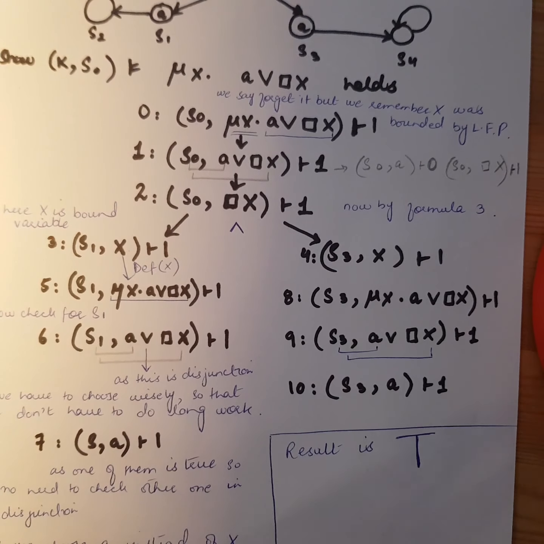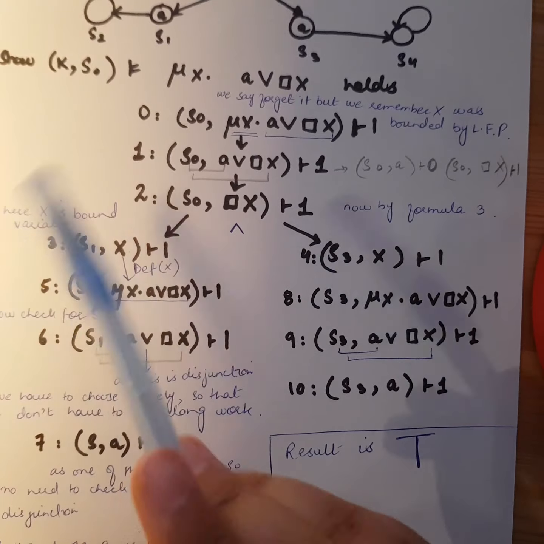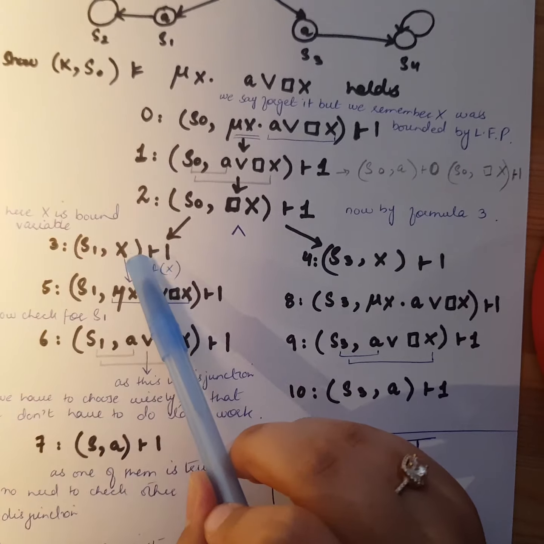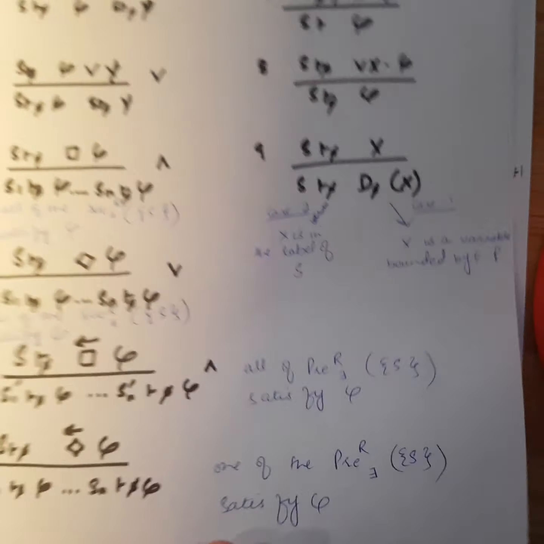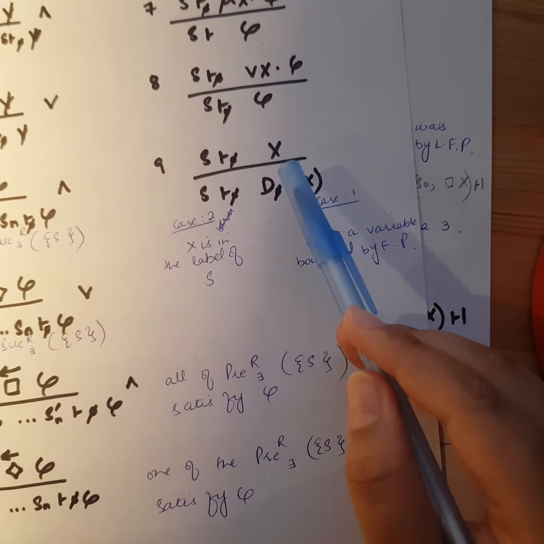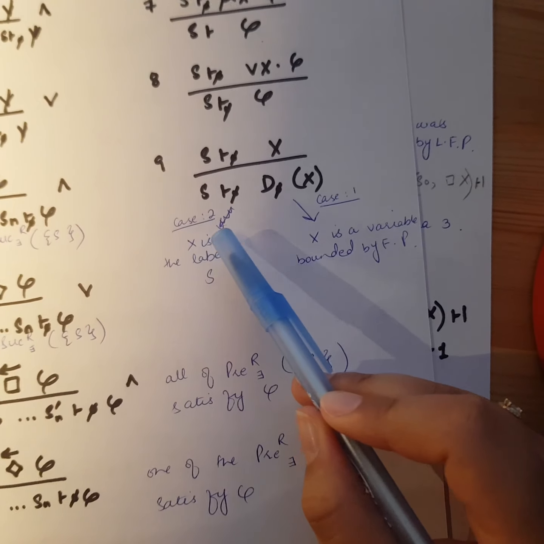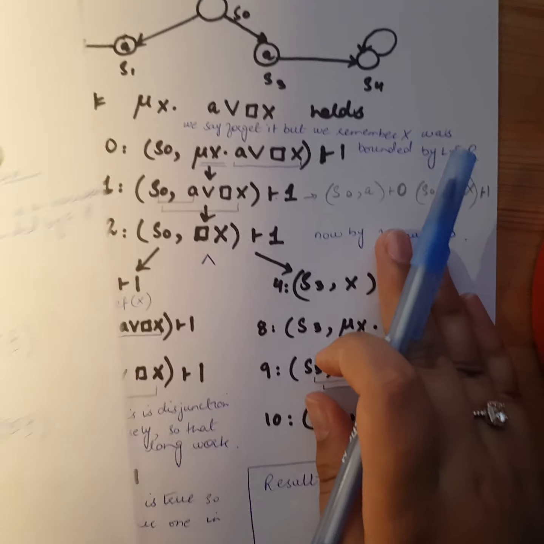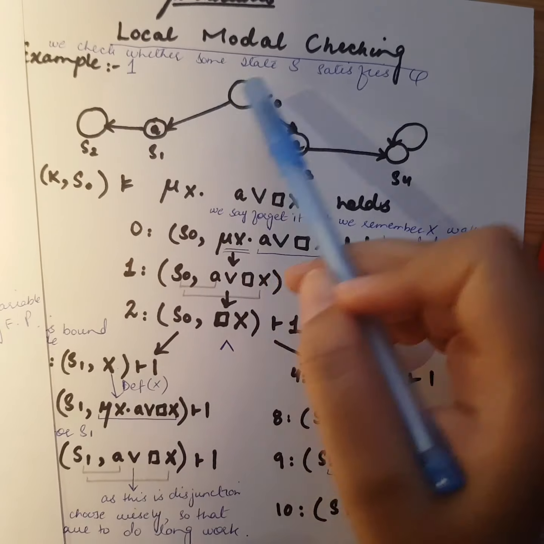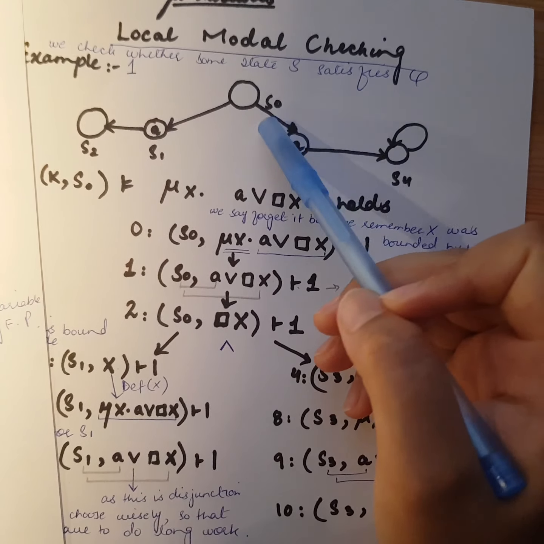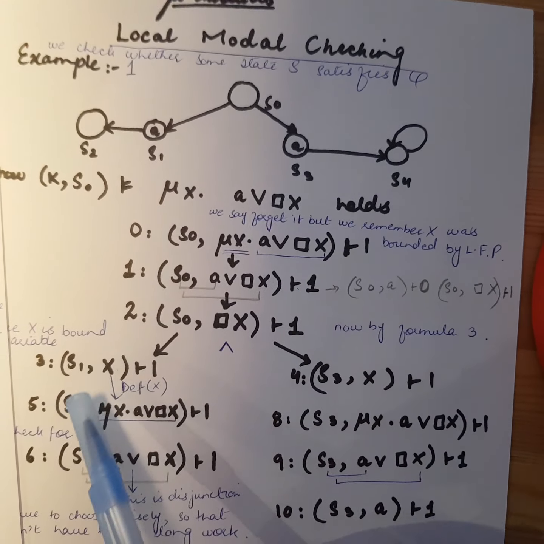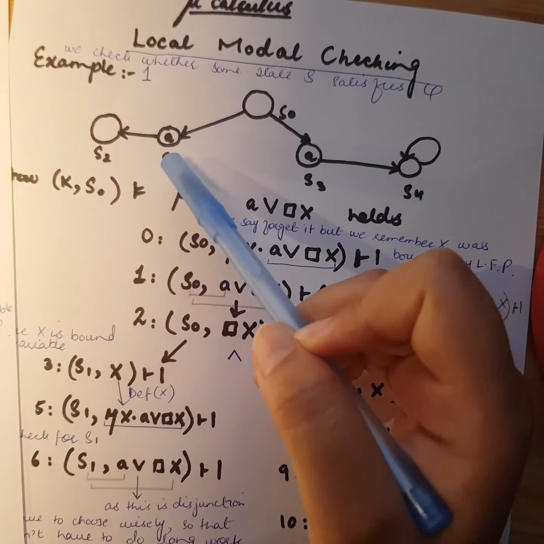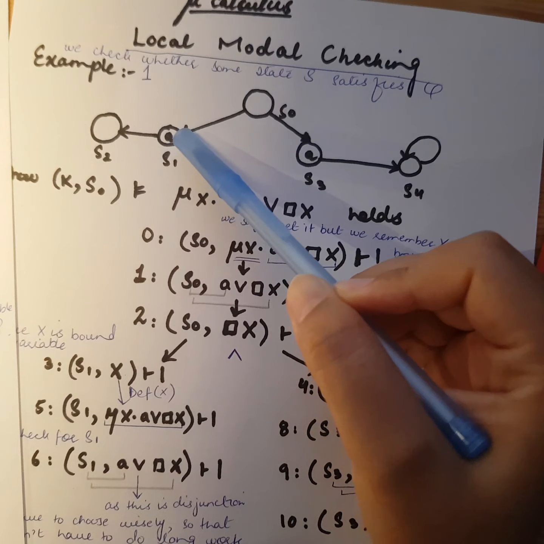Now what we are going to do is that for x there are 2 cases, like this in formula 9. Case 1 is that if x is in the label of s, then, not any of the labels, but the state that I'm checking, which is s1, if x is in the label of s1, then it will be true, else false.